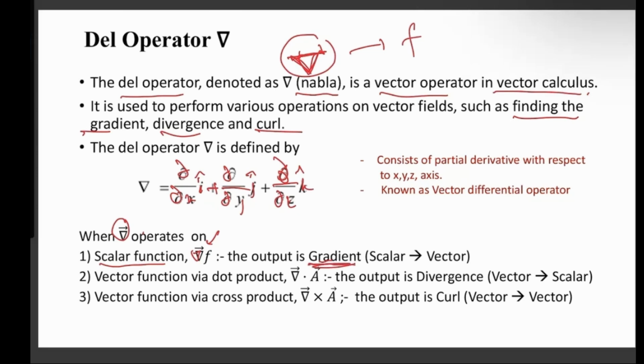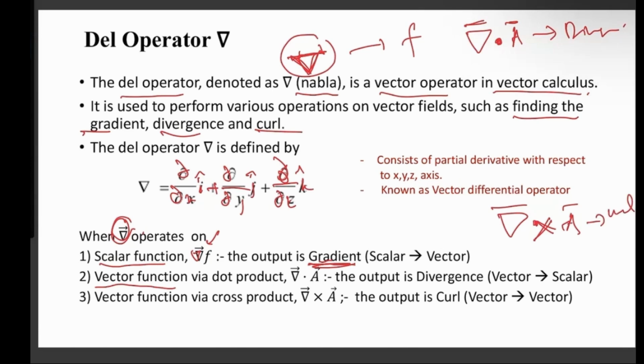Number two, when del operates on a vector function via dot, del dot vector, let's say A, this will become divergence. When we use del cross A, it will become curl.